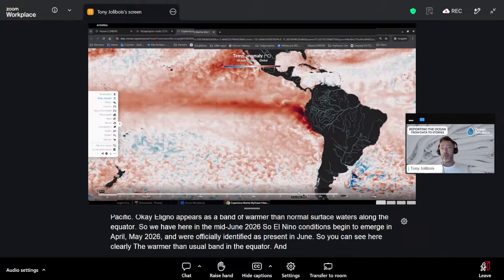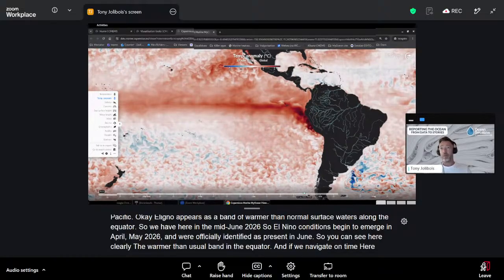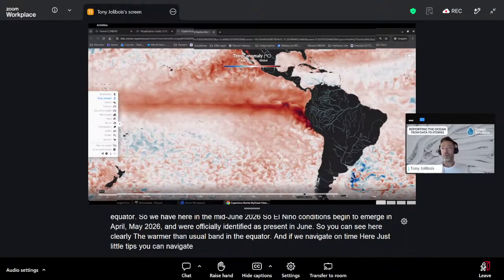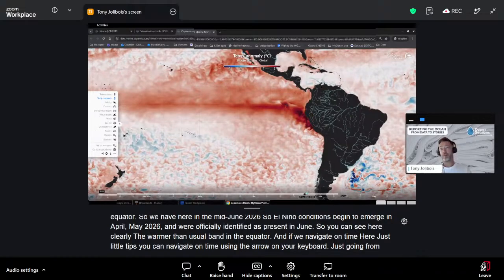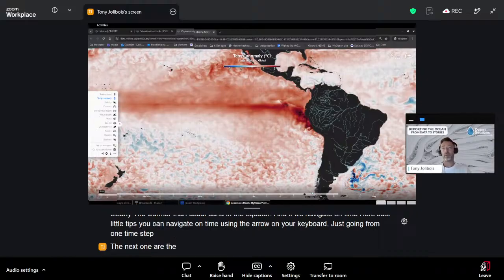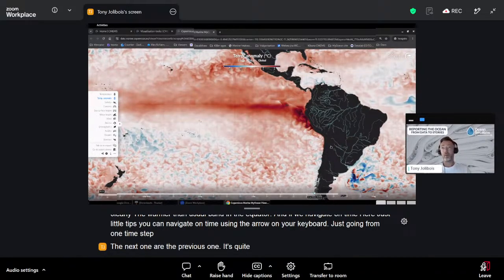And if we navigate on time here, just a little tip: you can navigate on time using the arrow on your keyboard, going from one time step to the next one or the previous one. It's quite practical.